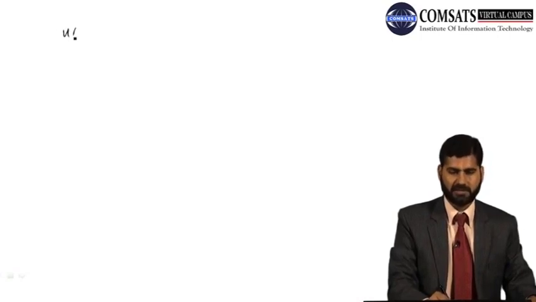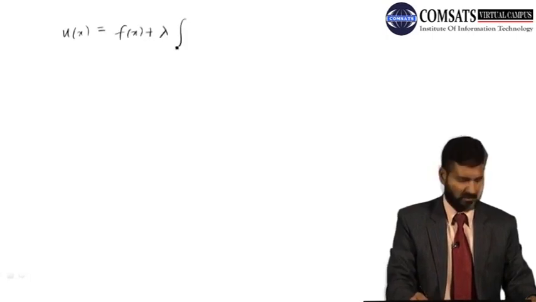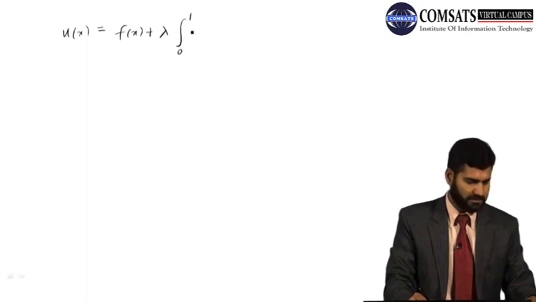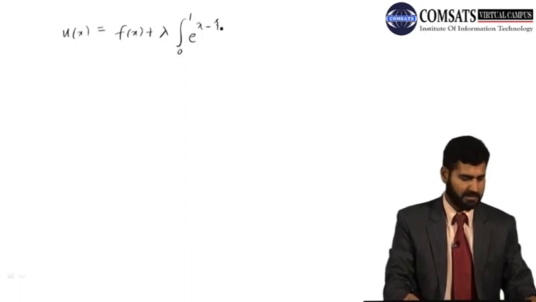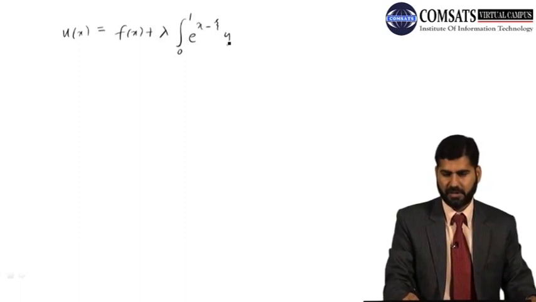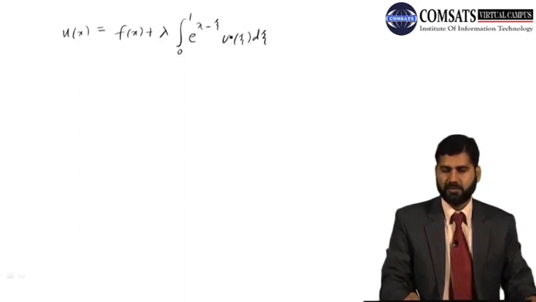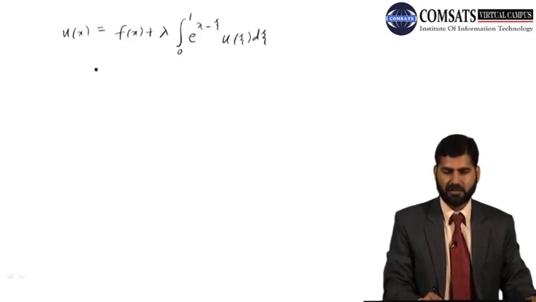So your example is u of x is equal to f of x plus lambda integral from 0 to 1 of e to the power x minus xi, u of xi d xi. All right, so this is your Fredholm integral equation.